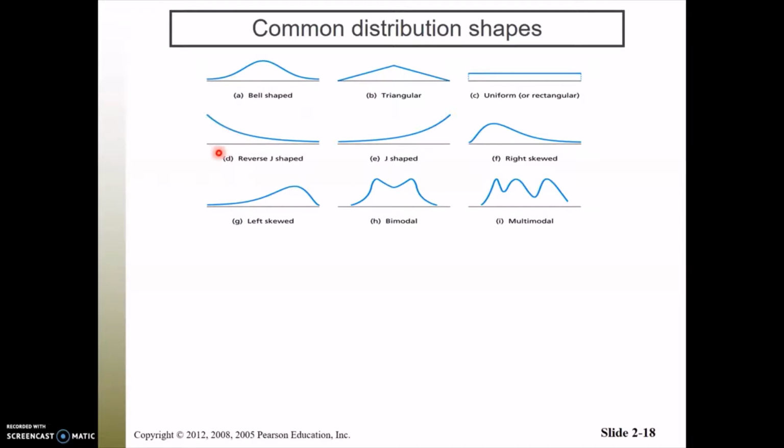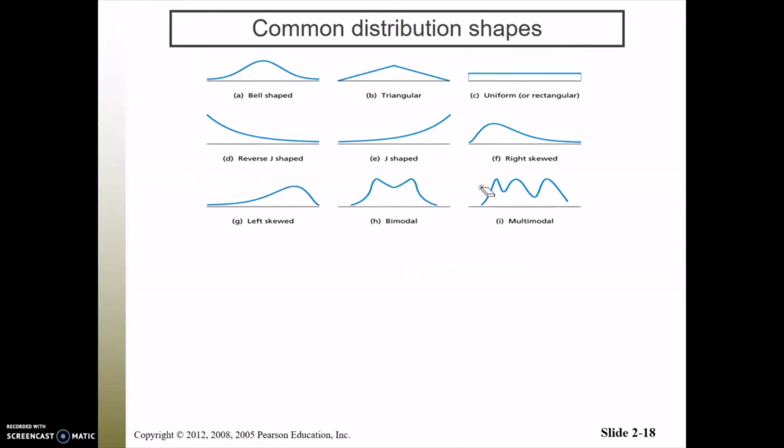How can you remember which shape is which? This is an easy way to remember that. You draw a curve like this, a U, and you cut it from the middle.